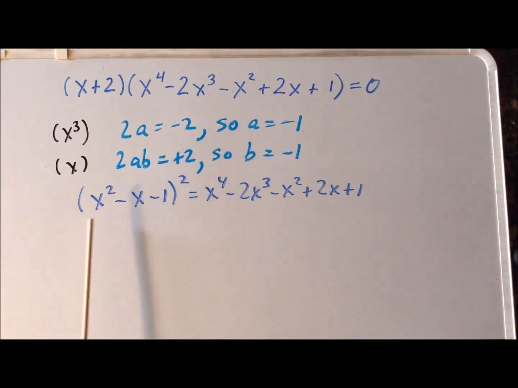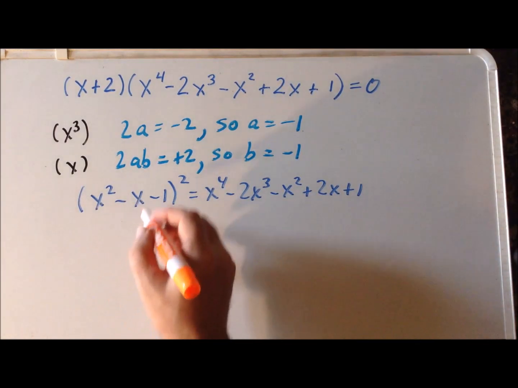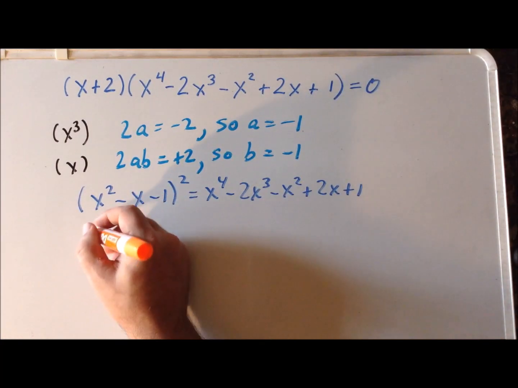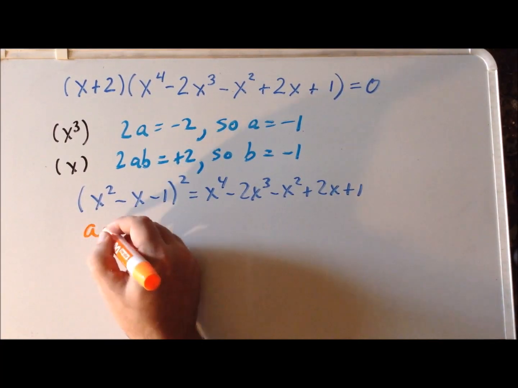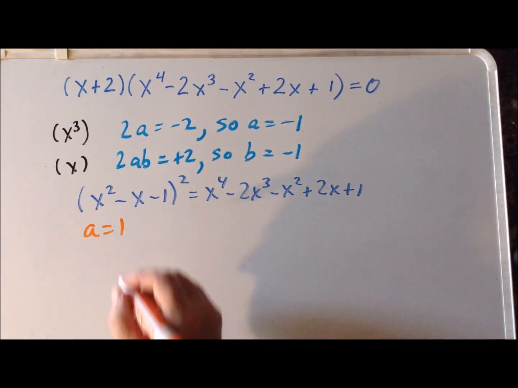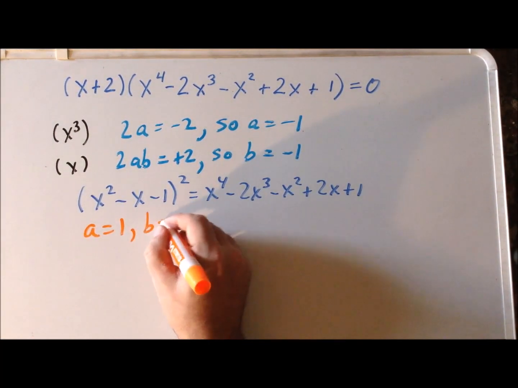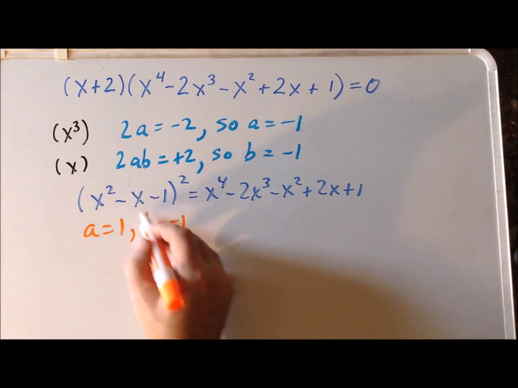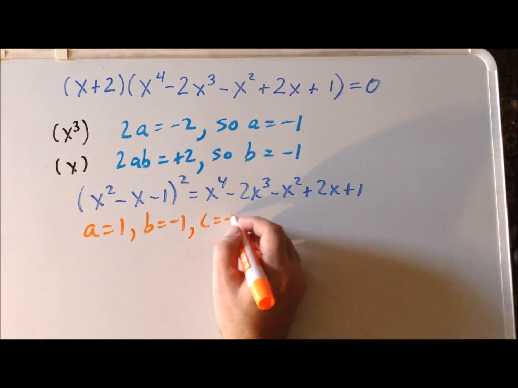There is no simple way to factor this quadratic, but as always we can apply the quadratic formula. And we notice that in this particular case, referring to this equation now and the quadratic formula, a is equal to +1, b is equal to -1, c is equal to -1.